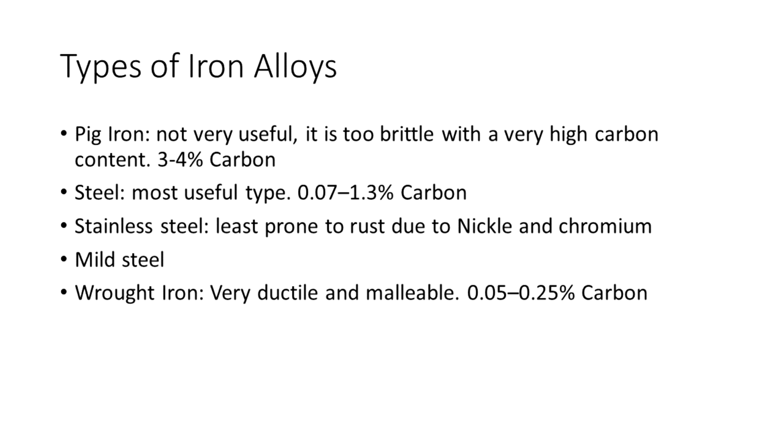There are a few types of steel. Stainless steel is one of them. It is least prone to rust due to the nickel and chromium added to it. This is a type of substitutional alloying. There's also mild steel and wrought iron, which is very ductile and malleable with around 0.05 to 0.25% carbon.